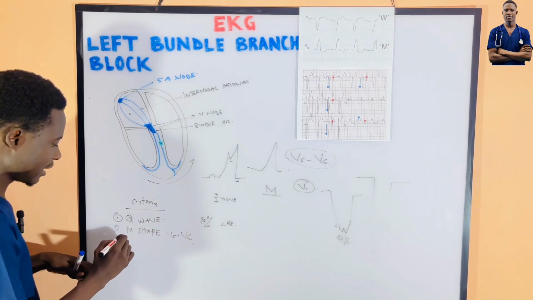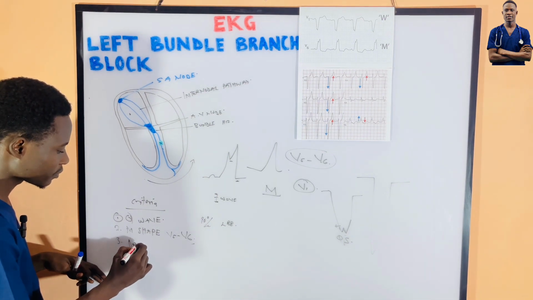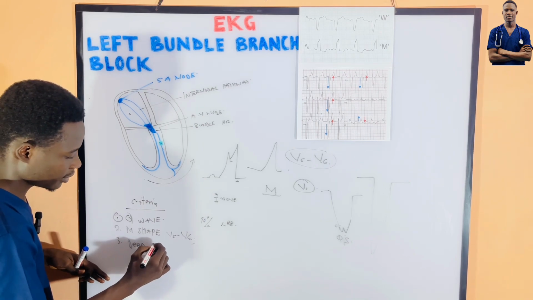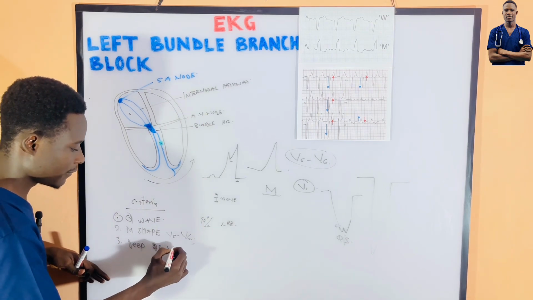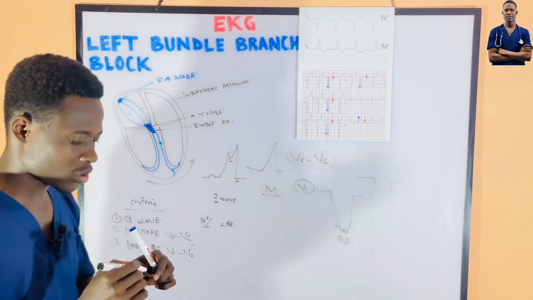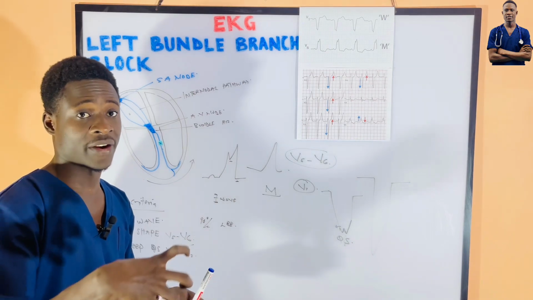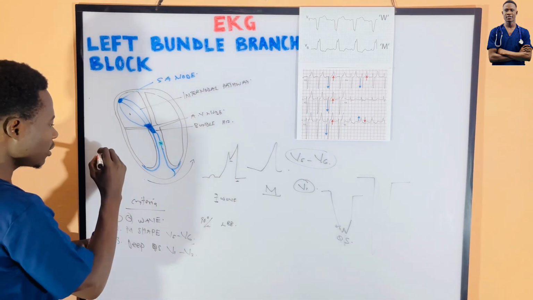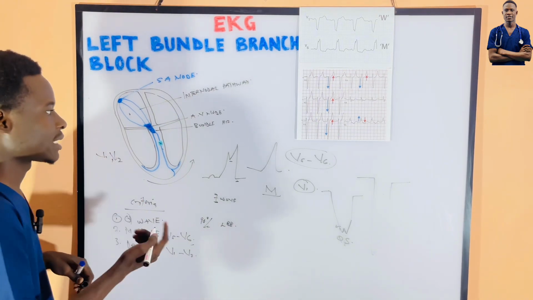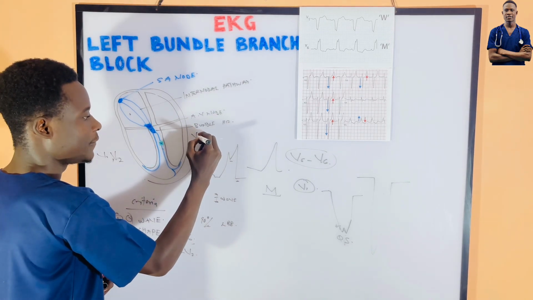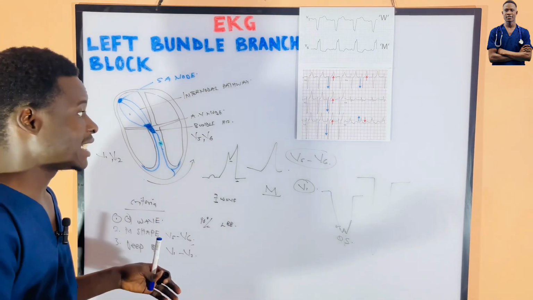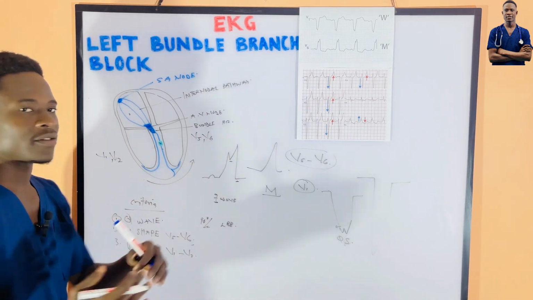And then 3, a deep or very long QS complex on the V1 and then the V2, and sometimes you can also identify it on the V3. So we know the V1 and then the V2, they represent the right side of the heart, and then the V5 and then the V6 are called the lateral leads, and these lateral leads represent the left side of the heart.